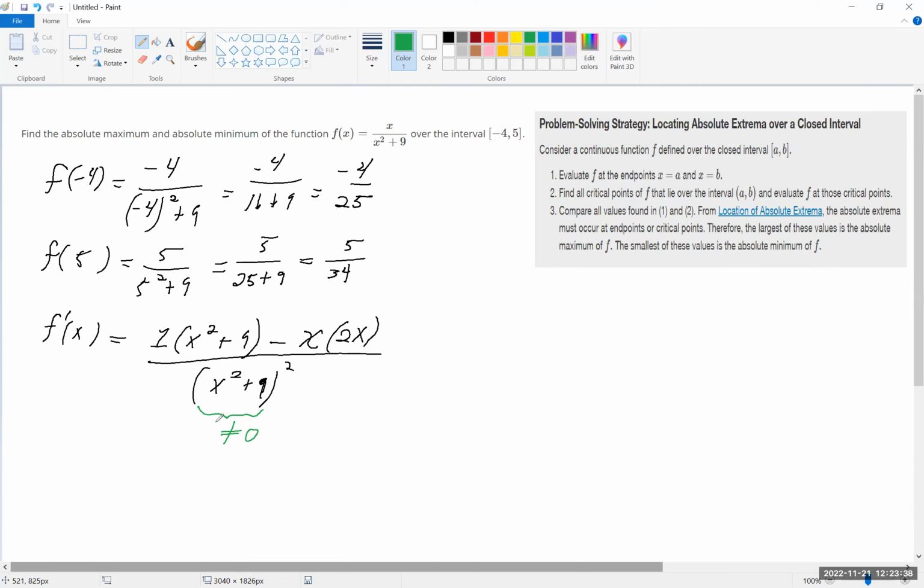And so then we're left with, and maybe we should simplify it just a tad bit, we're left with the numerator, and having to determine when the numerator is 0.